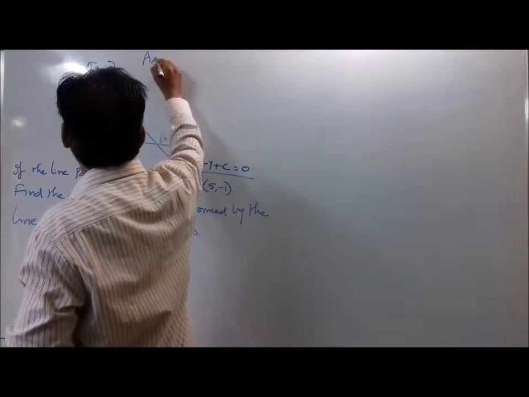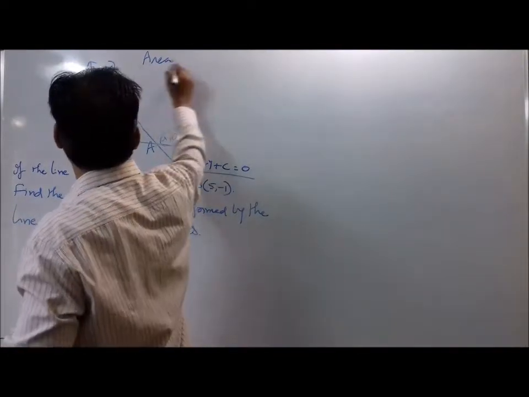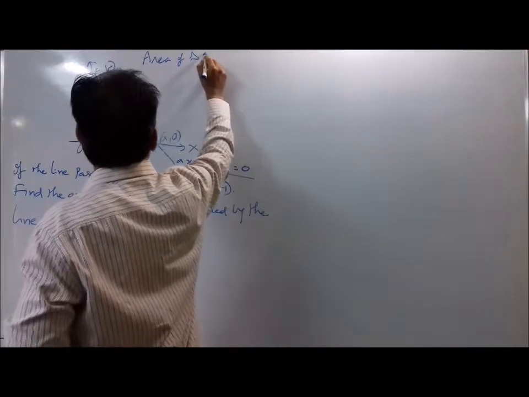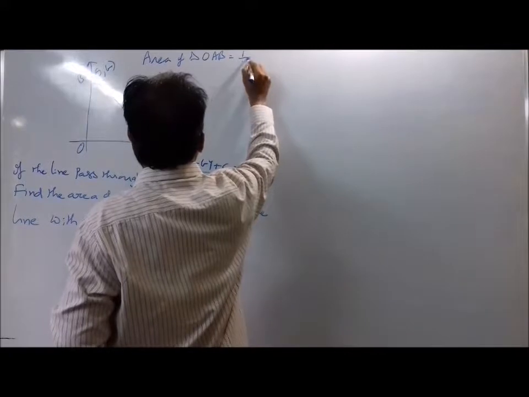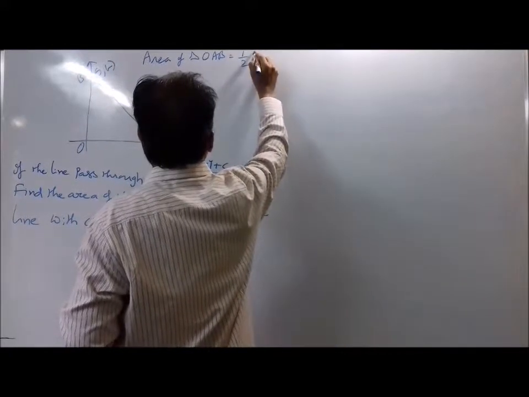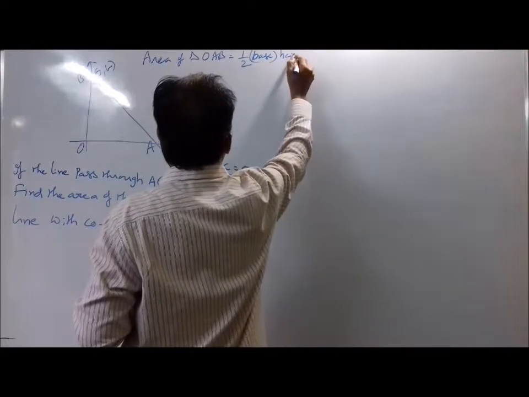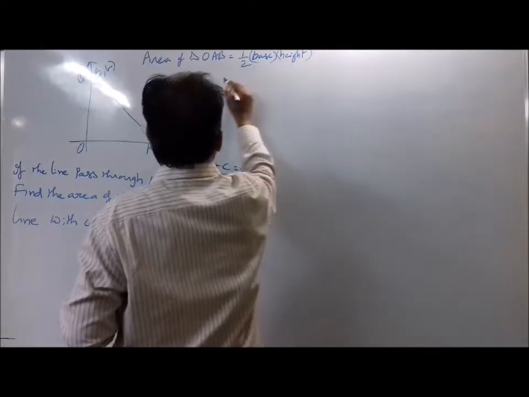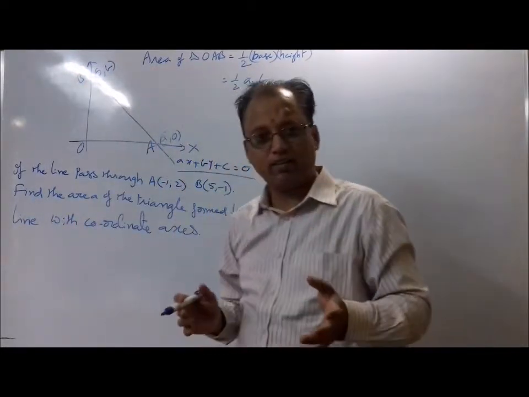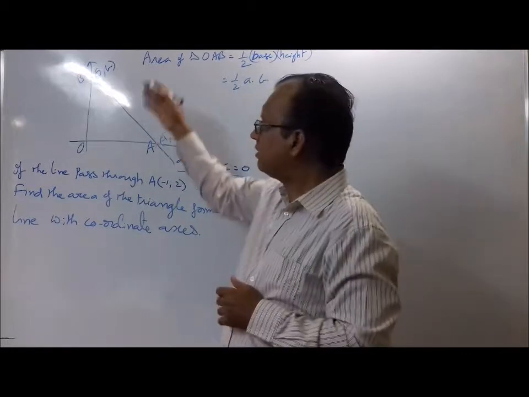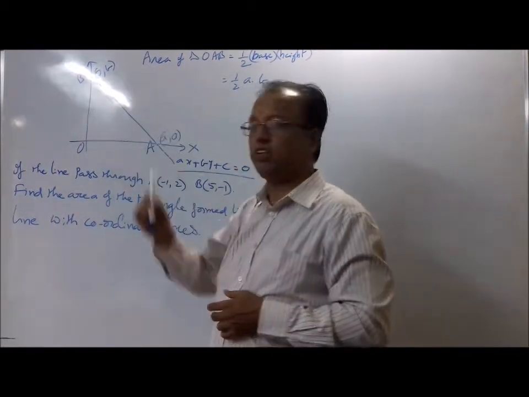So the area of the triangle OAB is half base into height, that is half A into B. Here A is the x-intercept, B is the y-intercept. That is the height of the triangle, and this is the base of the triangle.